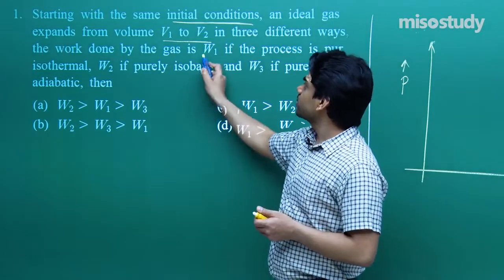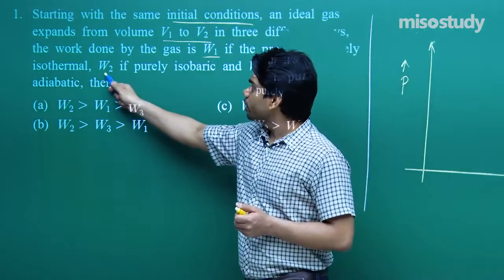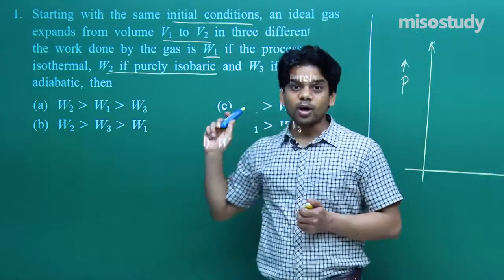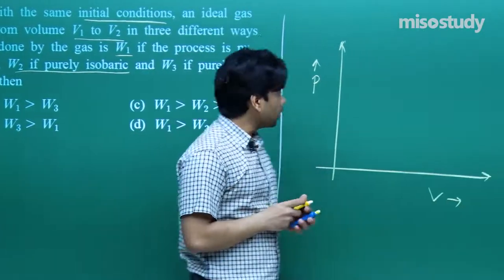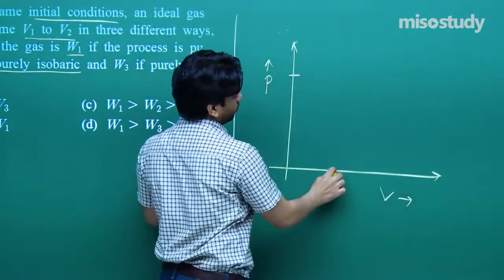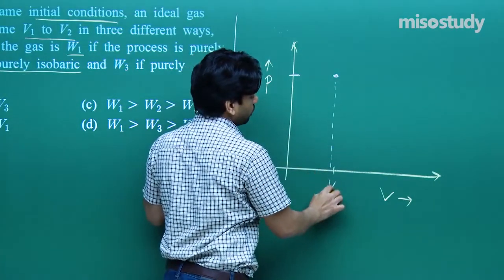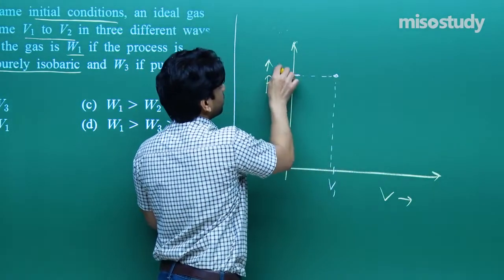The work done by the gas is W1 if the process is purely isothermal, W2 if purely isobaric. So I will comment first on W2, purely isobaric. Let's say we started the process from this point where the volume is V1, and let's say the pressure is P0.